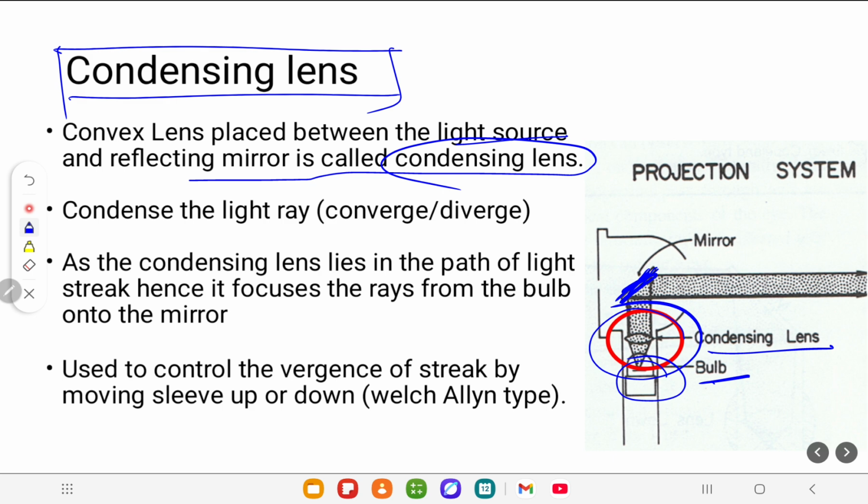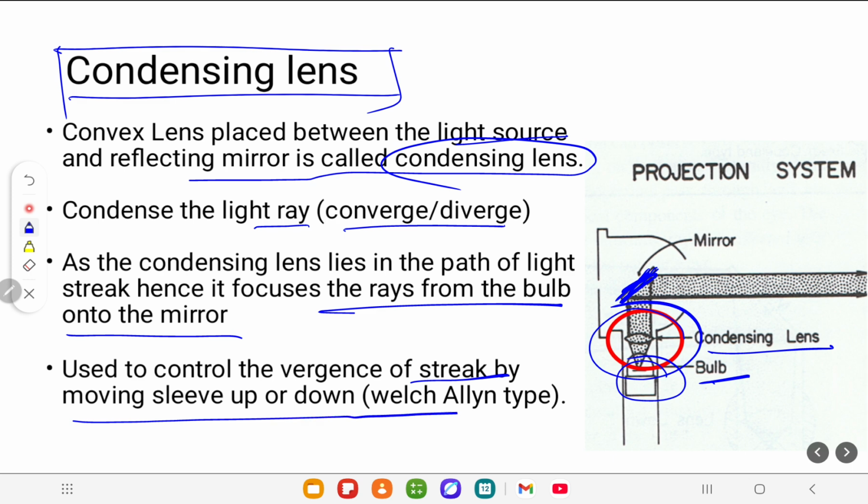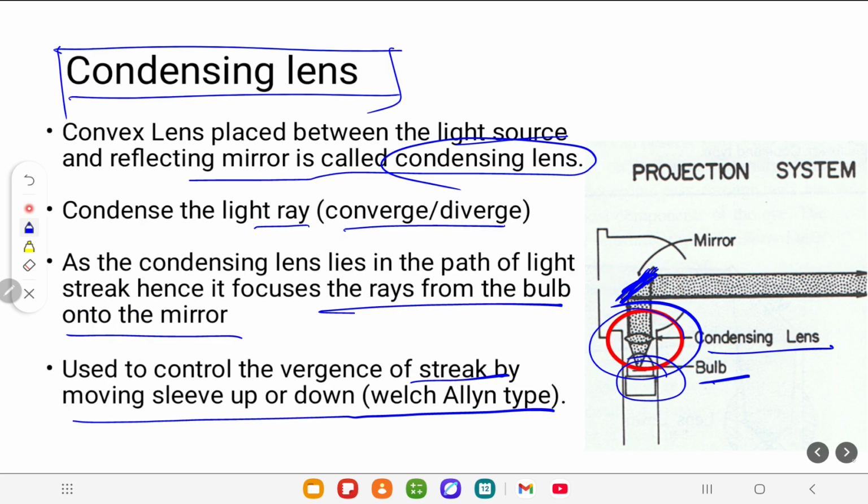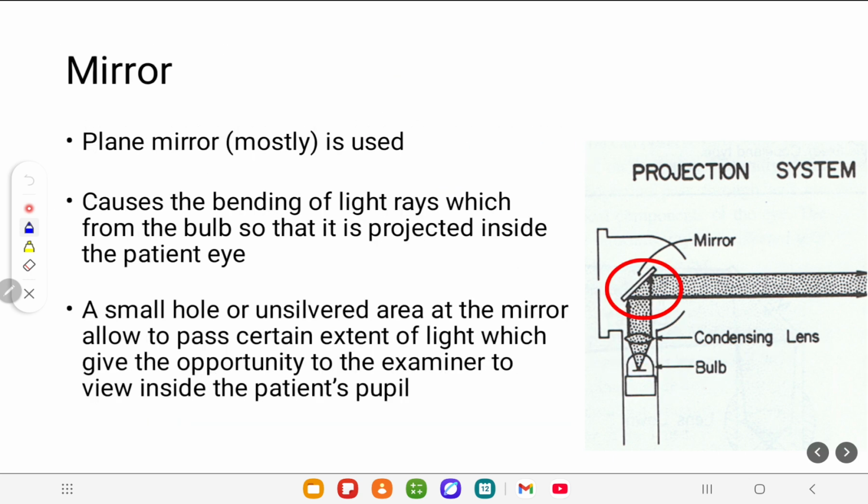So this condenses the light rays, it converges the light rays. As the condensing lens lies in the path of the light, it focuses the rays from the bulb onto the mirror. Okay, just remember this point. It is used to control the vergence of the streak by moving the sleeve down or up. Wait, okay, I'll come to this.